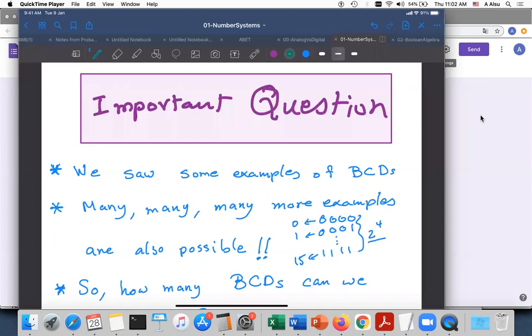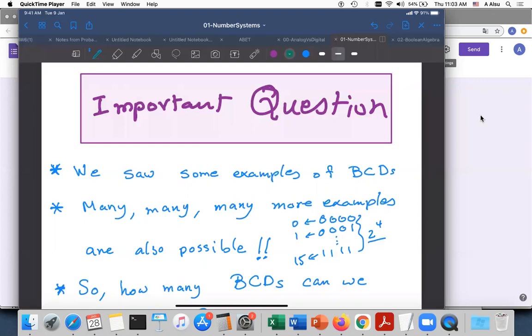There is one more important question related to BCDs. We saw some examples of BCDs, maybe 5 or 6 examples of BCD codes.